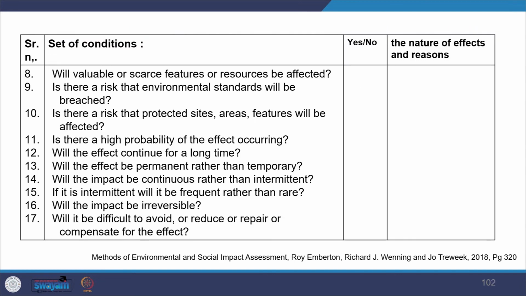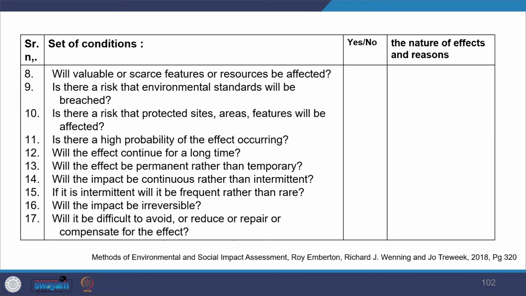Will valuable or scarce features or resources be affected? Is there a risk that environmental standards will be breached? Is there a risk that protected sites or areas will be affected? Is there a high probability of the effect occurring? Will the effect continue for a long time? Will effects be permanent rather than temporary, continuous rather than intermittent?